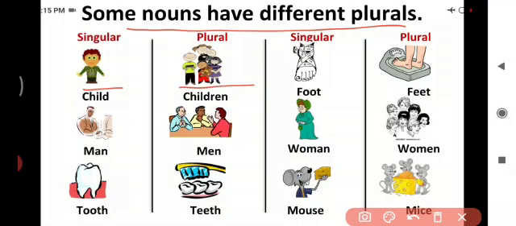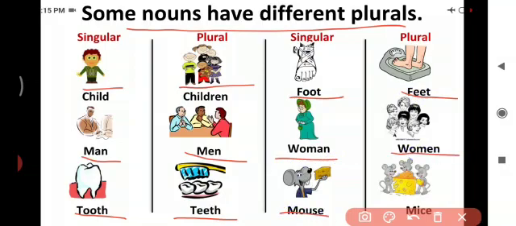Similarly man, men, tooth, teeth, foot, feet, woman, women, mouse and mice. So these kinds of nouns will not add any s or es at the end.